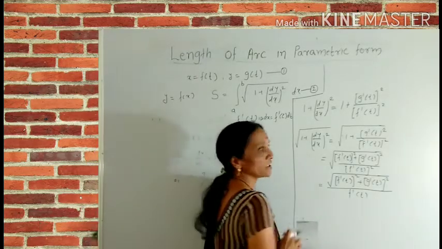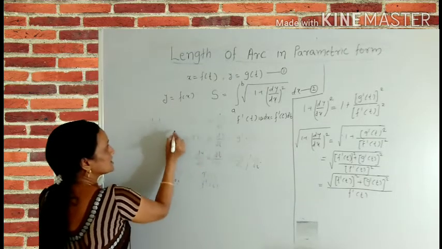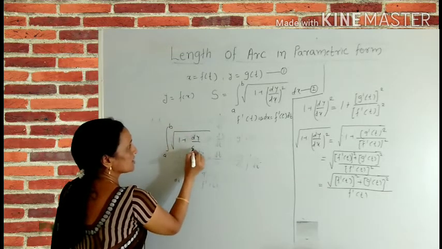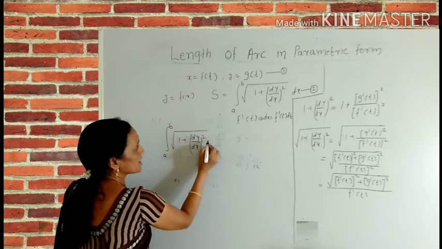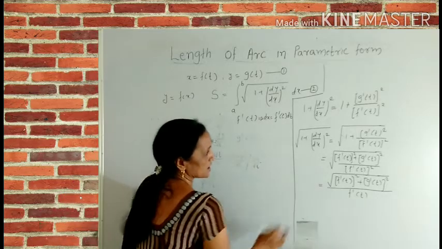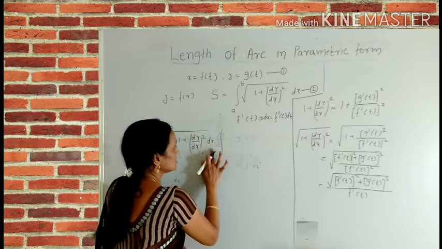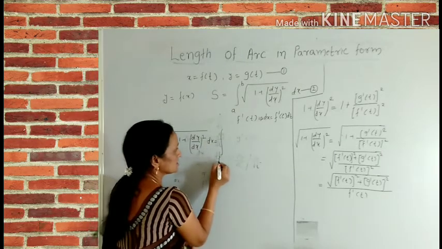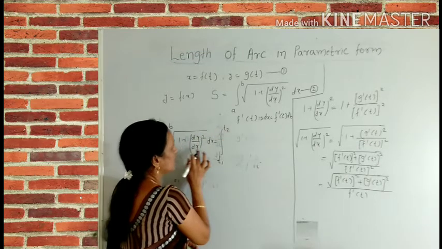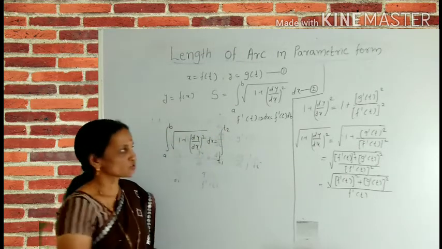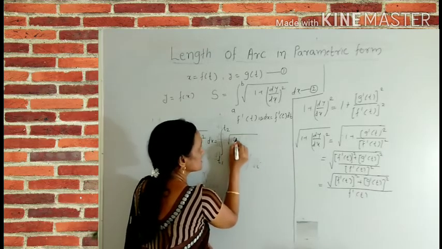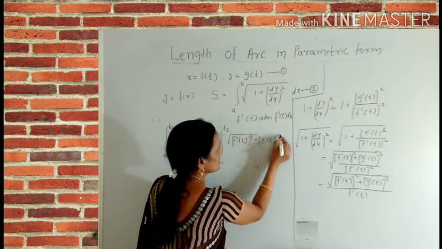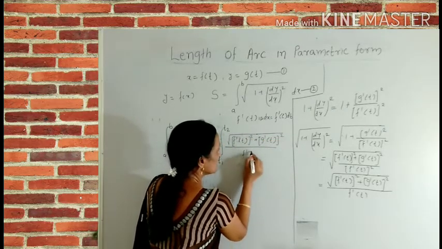In this case we take the integration and we get the integral from a to b of the square root of 1 plus (dy/dx) squared multiplied by dx, is equal to the integral, with the values of dy and dx in terms of t, from t1 to t2, and the value of this square root of 1 plus (dy/dx) squared is the square root of ((f dash t) squared plus (g dash t) squared) divided by only f dash t.